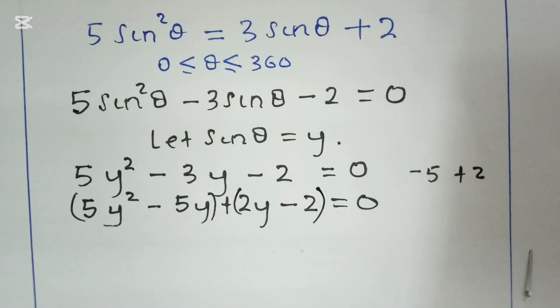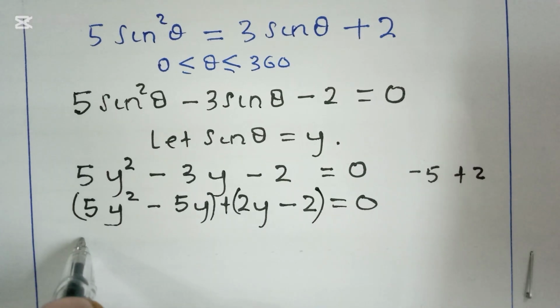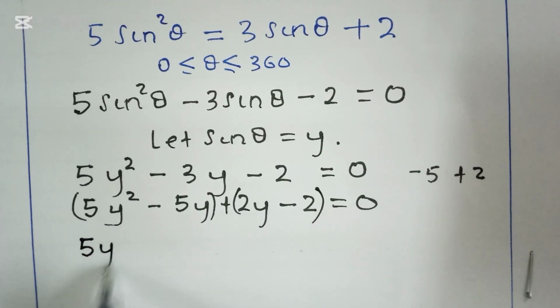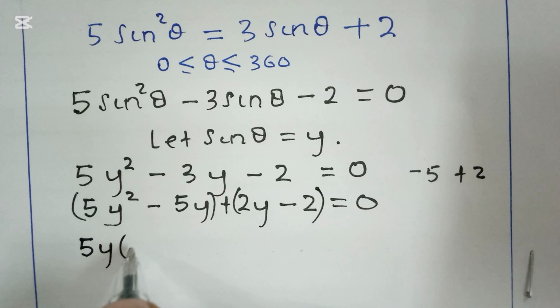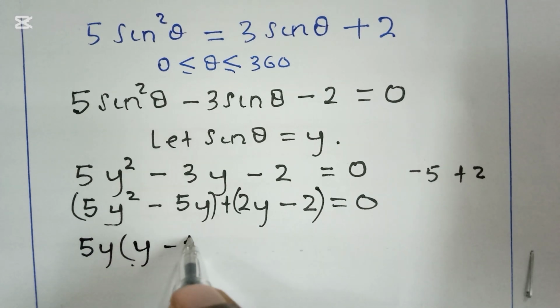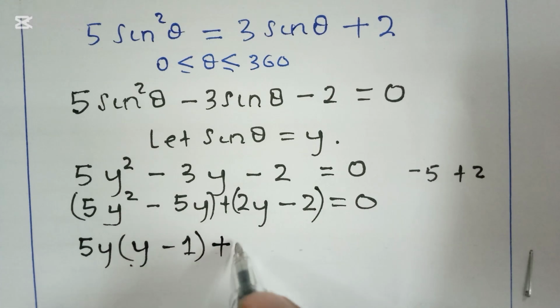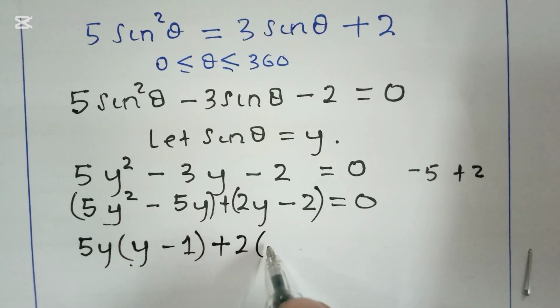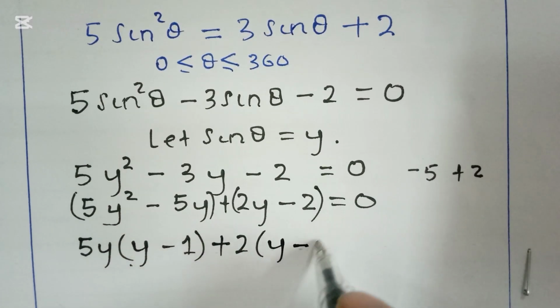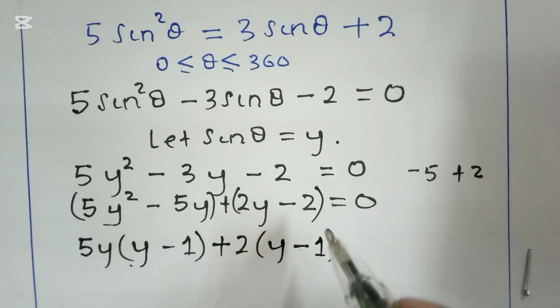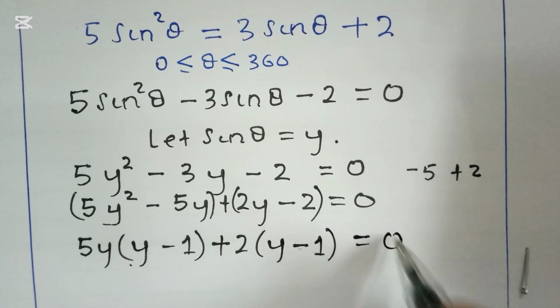Then we factor out here. We can factor out 5y, and we are left with y minus 1, plus, we factor out 2 there, and we are left with y minus 1. This one is equal to 0.